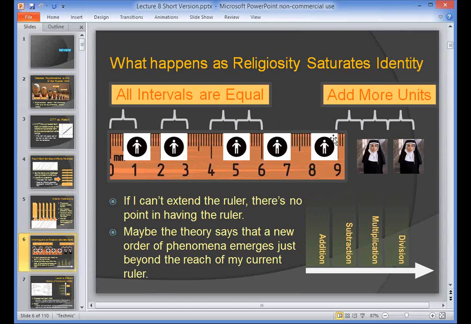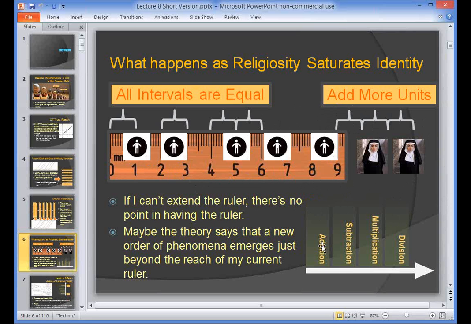college students. However, what I can do, I can get additional people that are not college students that are involved in religious institutions, and I can study the relationship between identity and spirituality or religion that way. I can actually extend my ruler. Okay? The Rasch model gives us a way of doing that. So the Rasch model tells us the item hierarchy.